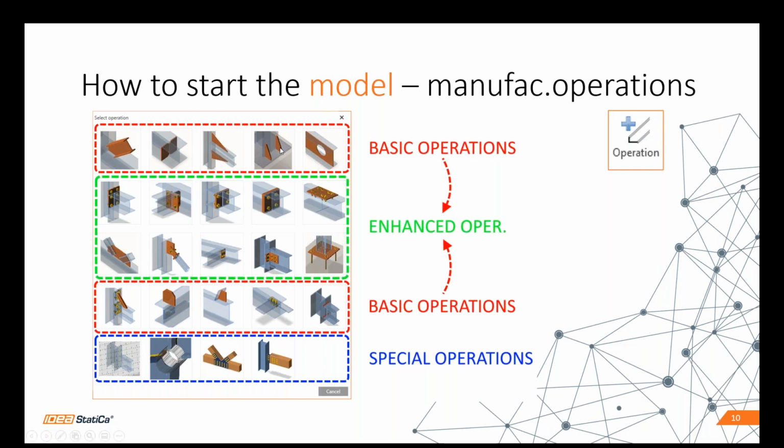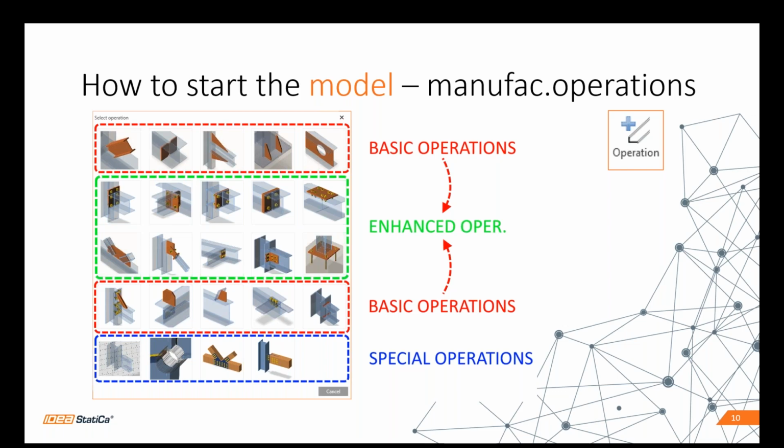These red lines, or the first and the fourth line of icons, we could name as basic or general operations, and these green icons in between are enhanced operations created of these basic ones.